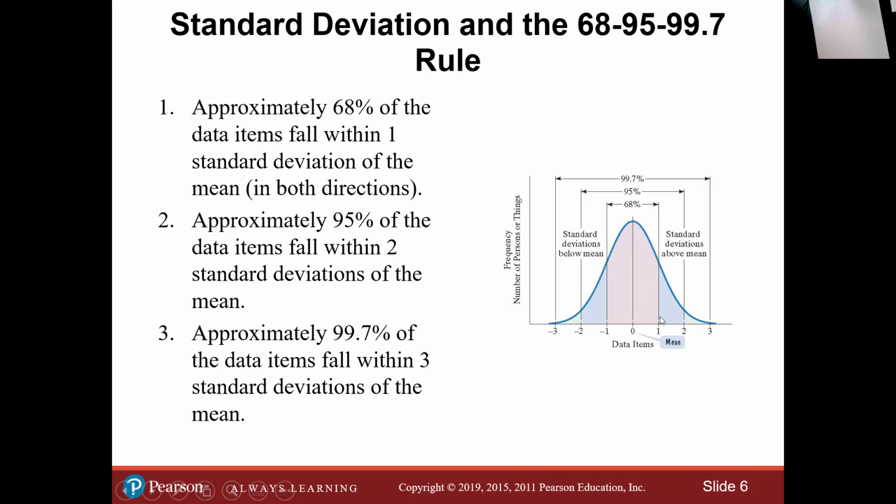But if we expand that to 2 standard deviations, it goes up to 95%. And then as it tapers off more, there's very little outside there. If you get to 3 standard deviations, you get nearly everything, 99.7%. There's just a small amount of data points outside of that range.